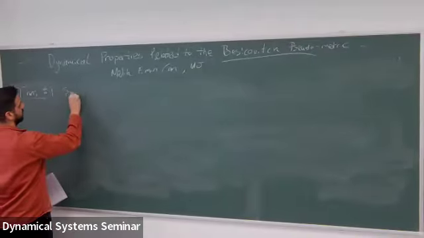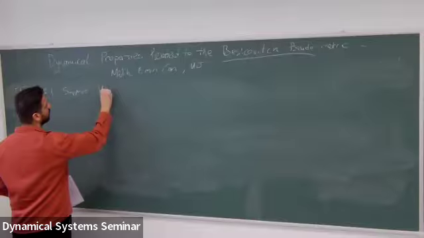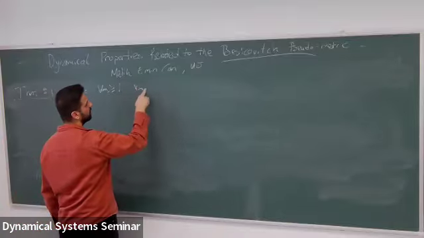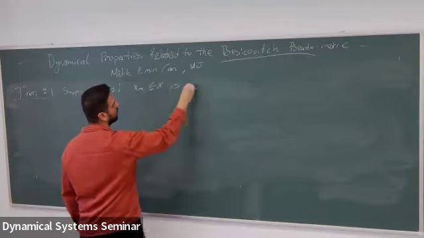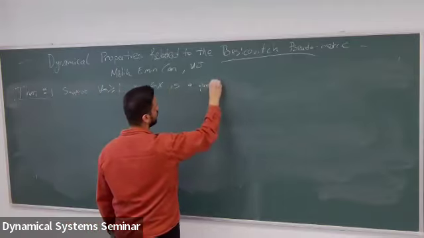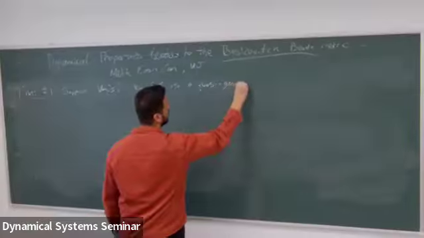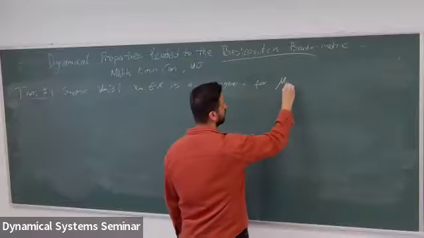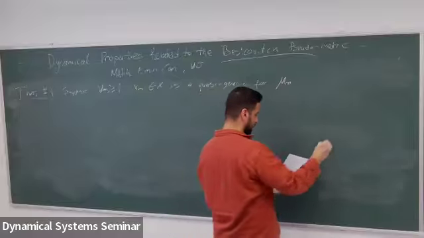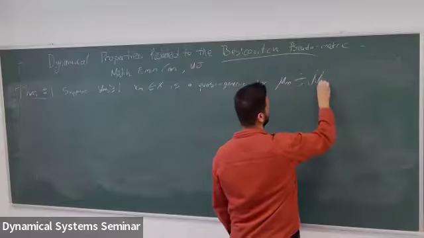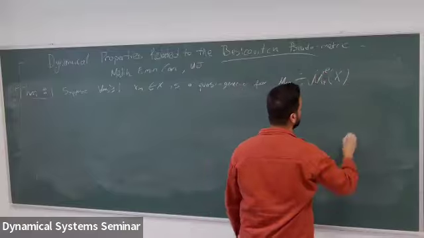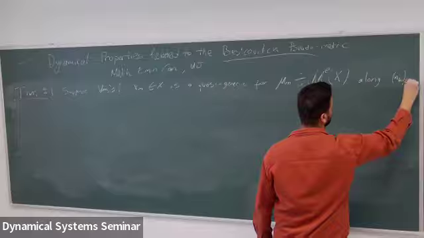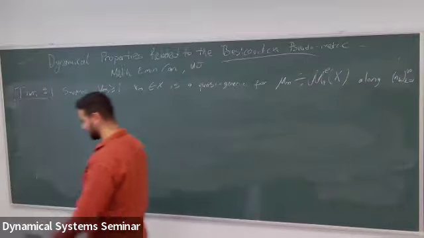Suppose that for all m, x m is quasi-generic for an invariant measure mu m along a strictly increasing subsequence.